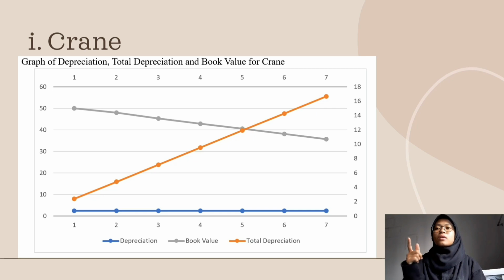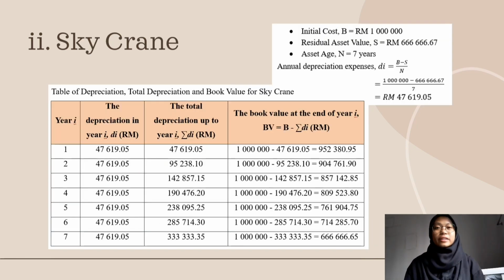The last one is the gray line pointing downward, which is decreasing, the book value. When we bought the crane, the value is 500,000, but after 7 years the value drops to 353,000.